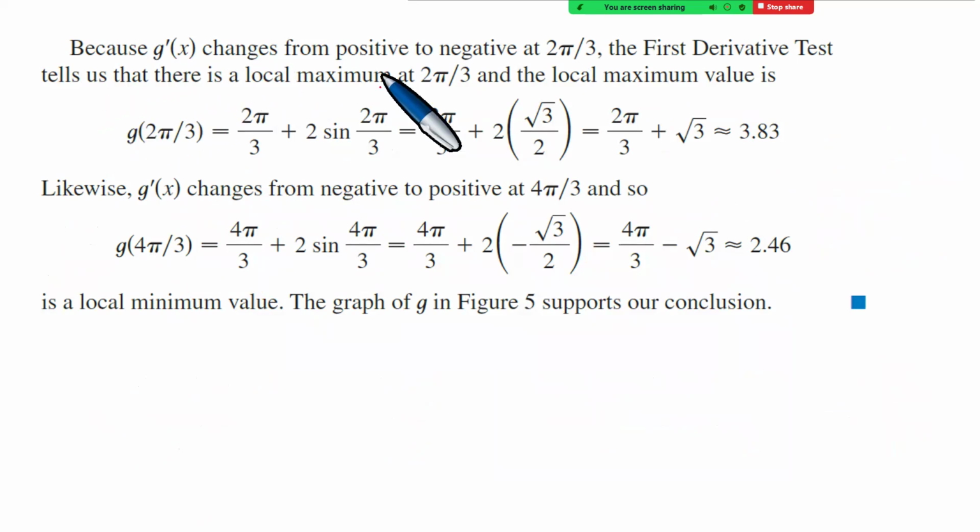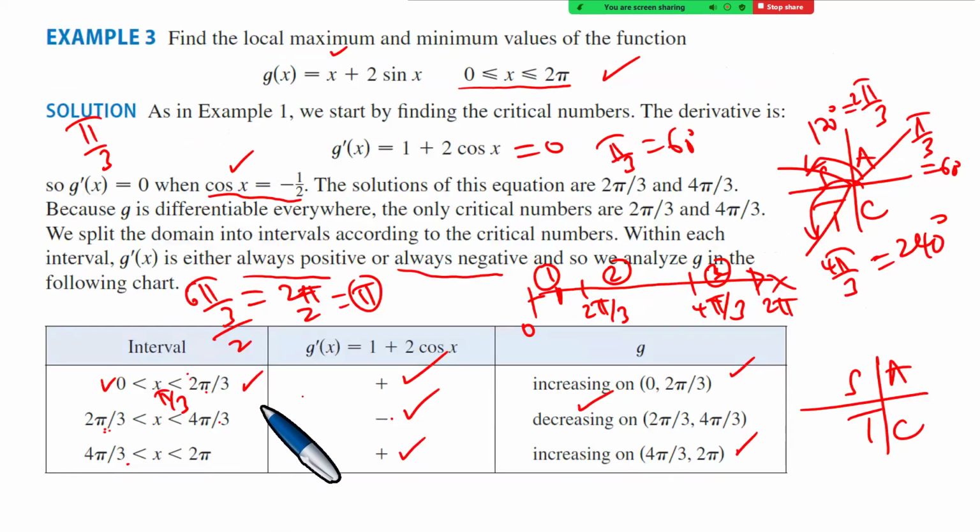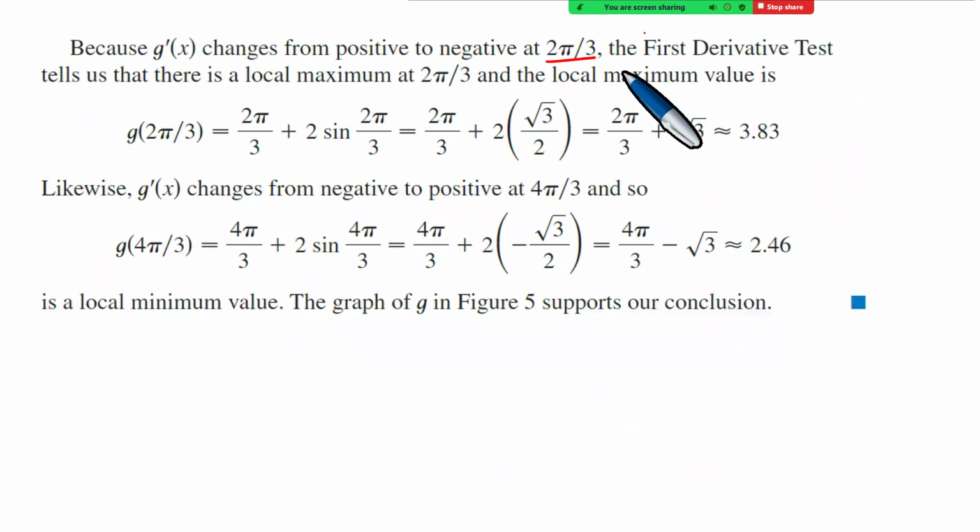Because g prime changes from positive to negative at 2 pi over 3, the first derivative test tells us there is a local maximum at 2 pi over 3, and the local maximum value is found by putting it into the function g.